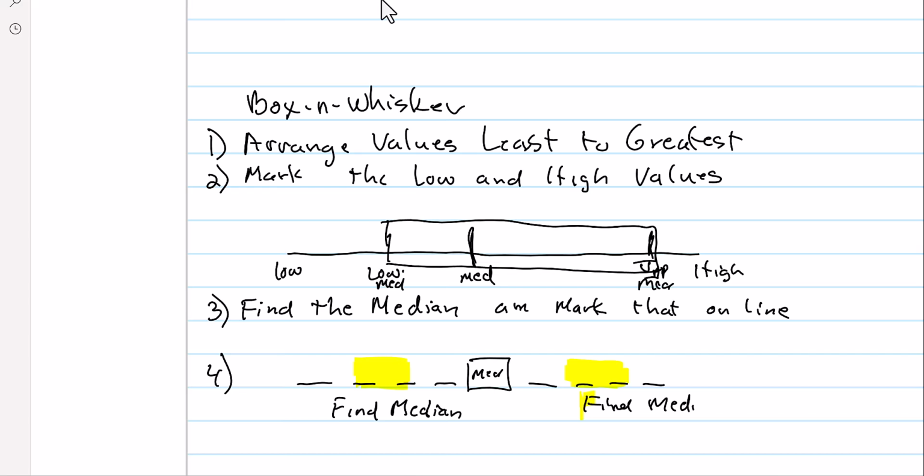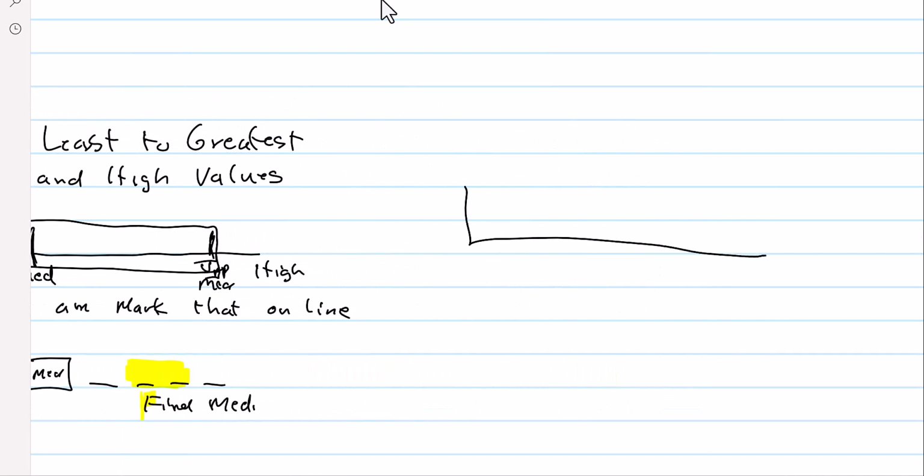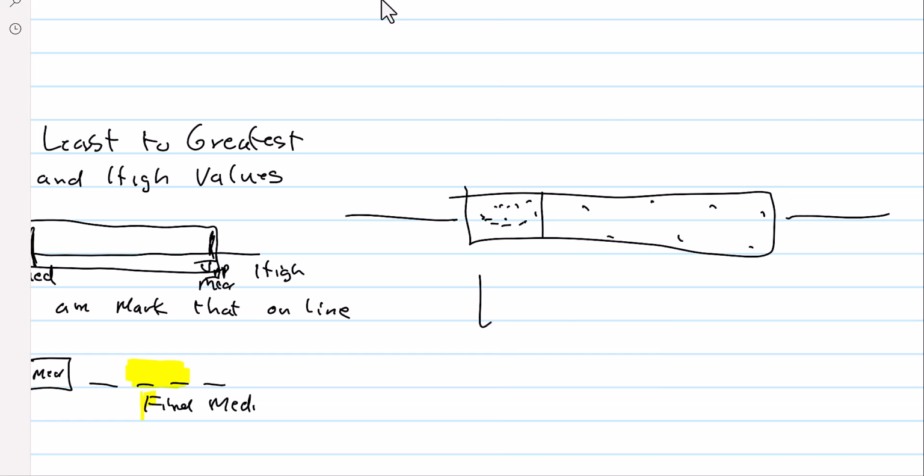to draw your box. The boxes sometimes look like this. Except that's a terrible box. Maybe this means most of your data is here, and you might have some values out there, and then you've got the whiskers right here. Sometimes you might have it exactly in the middle and everything evenly spread.